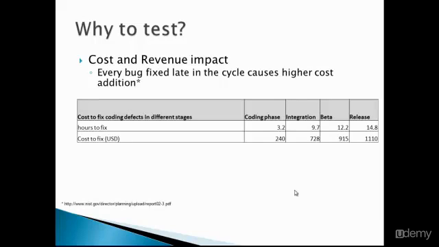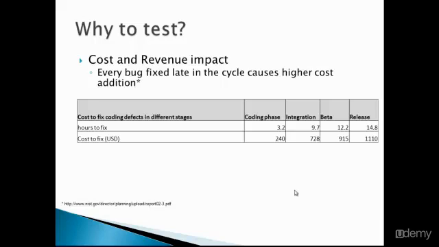If you see in the first column, it is cost to fix coding defects in different stages. So what are those stages? These are coding phase, integration phase, beta, and release. Then the cost to fix in terms of hours to fix, and in terms of USD.